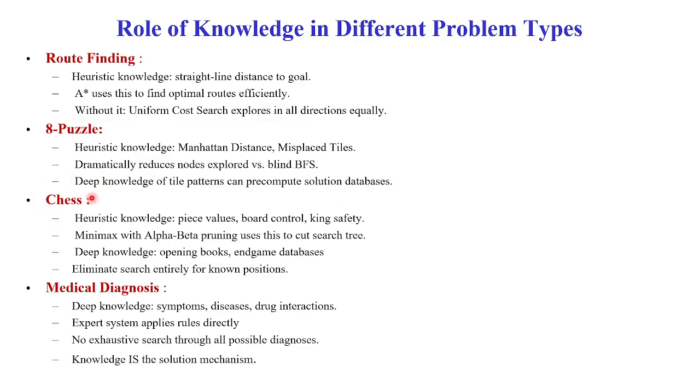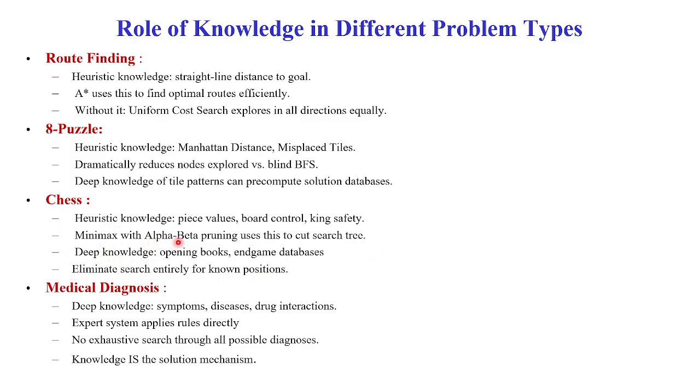If you talk about the problem of chess, if you have the heuristic knowledge about the piece values, that is the coins, the board control, king safety, then algorithms like Minimax with alpha beta pruning are used to cut the search space. You can prune certain search spaces which are not going to lead you to the solution. Okay.